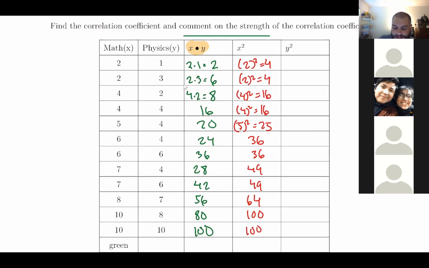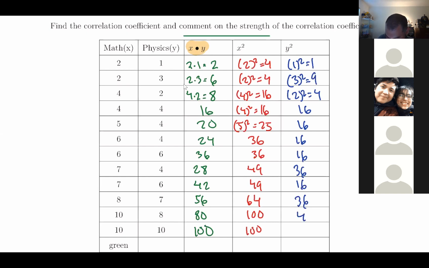Lastly, we're going to do y squared. Let's pick a different color for y squared. You take every y value to the second power. 1 squared is 1. 3 squared, you get 9. 2 squared, you get 4, 16, 16, 16, 16, 36, 16, 36, 49.